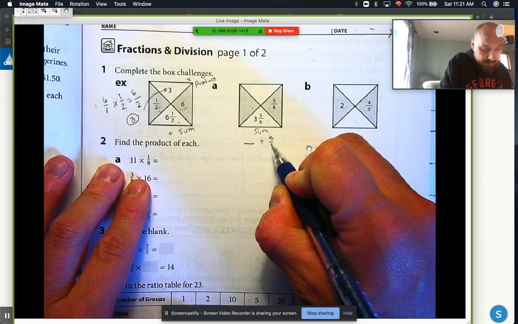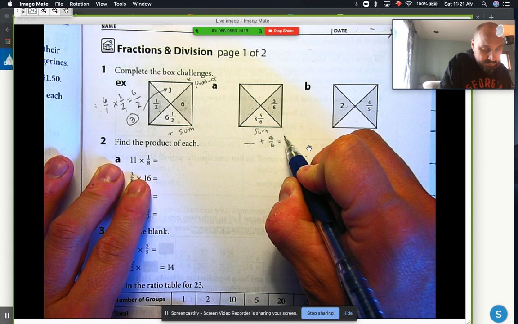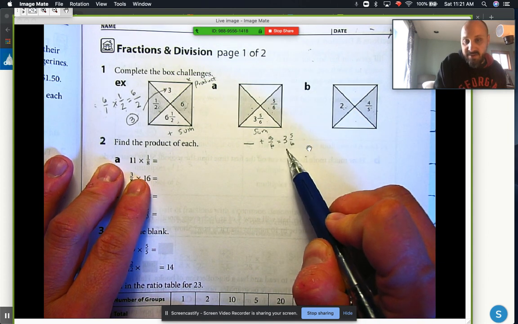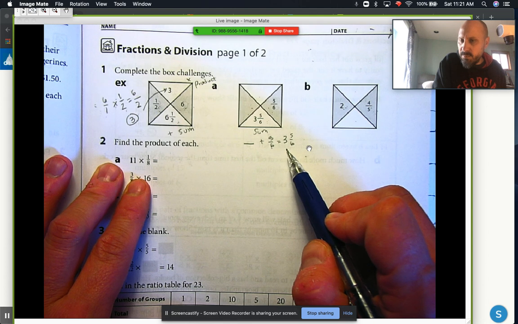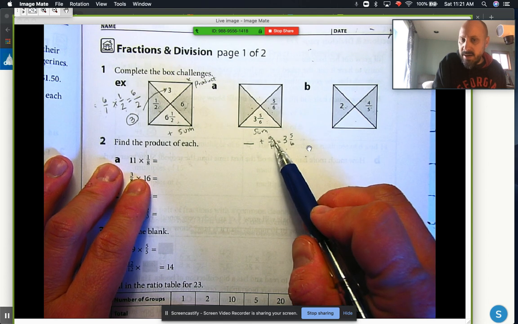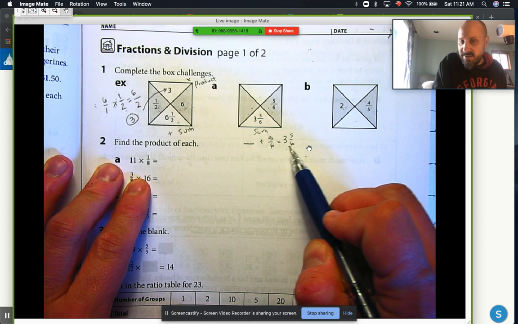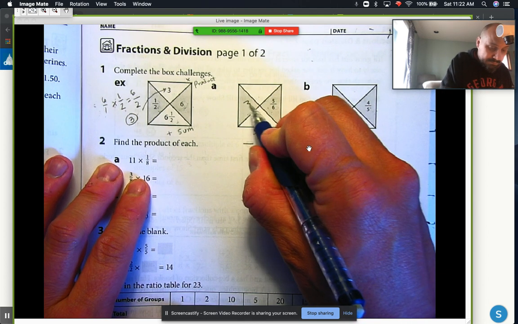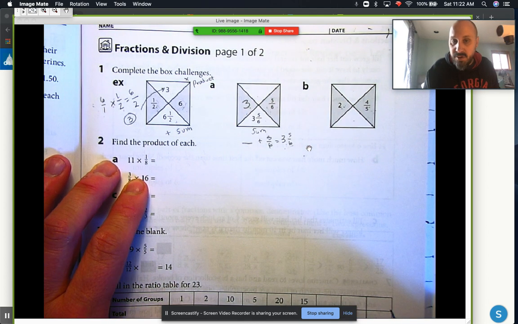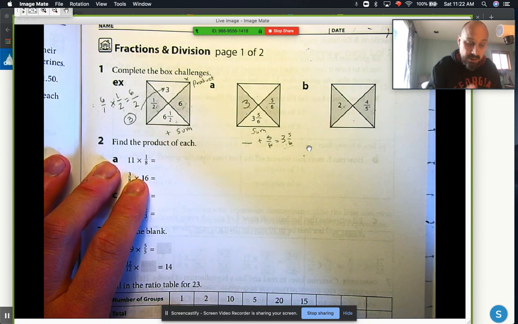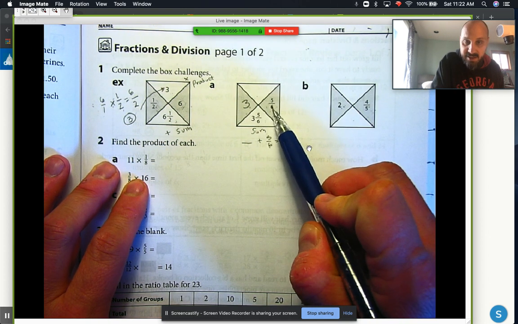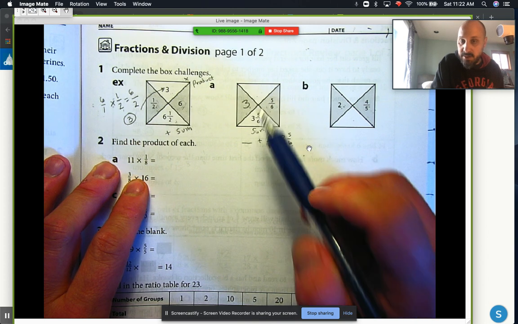So my missing number plus 5/6 equals 3 5/6. You can probably figure out what I need to add to 5/6 to get to 3 5/6. It would be 3. So from there, you need to complete what is 3 times 5/6 to get to your triangle up above.